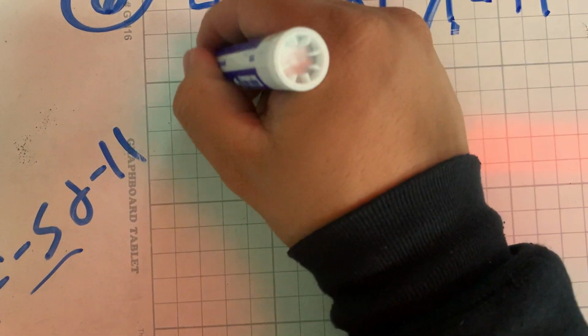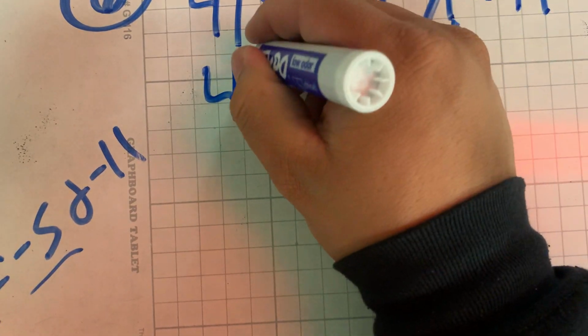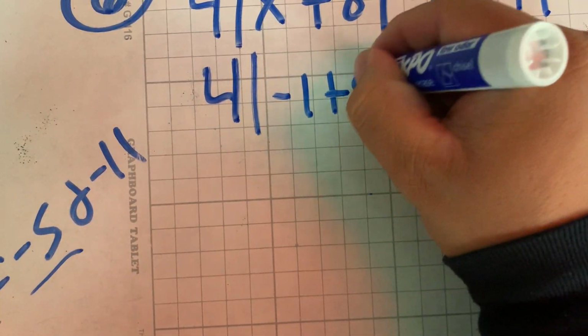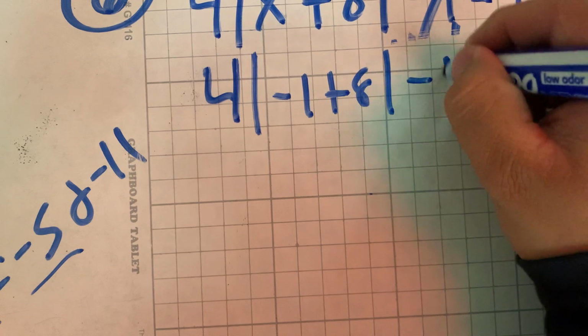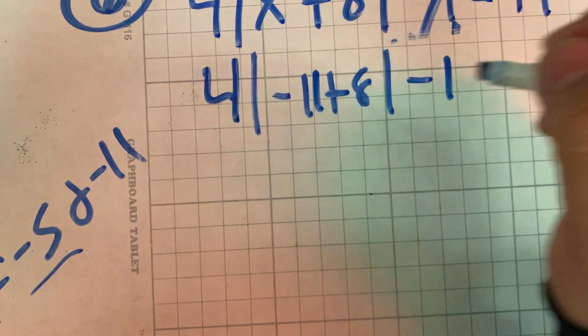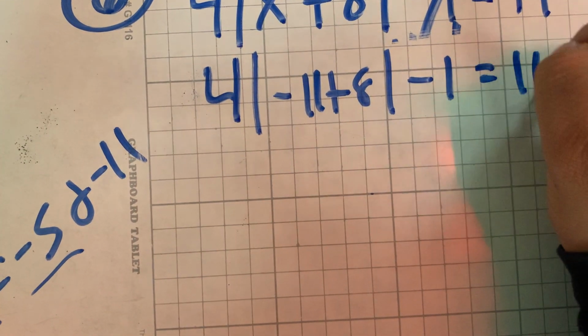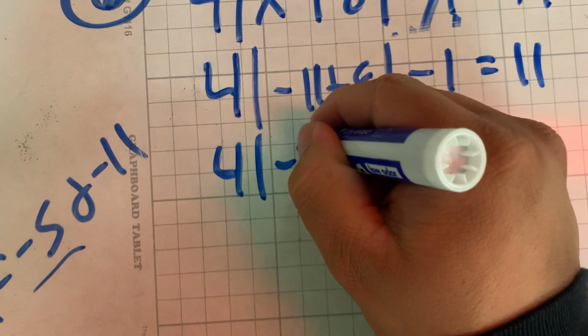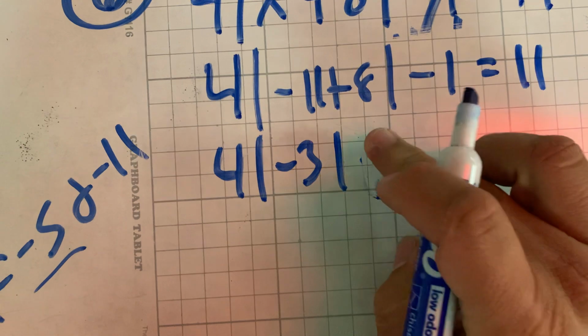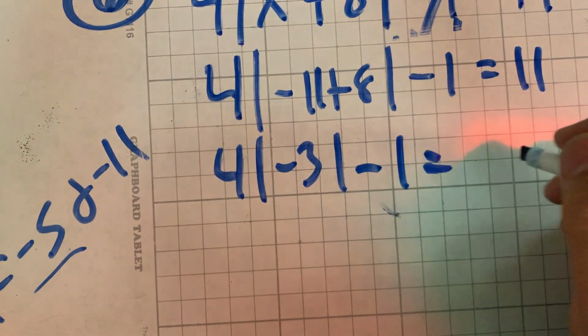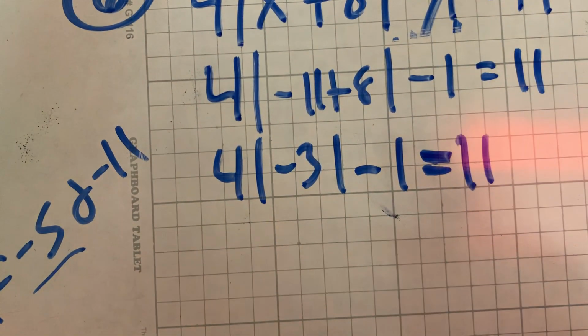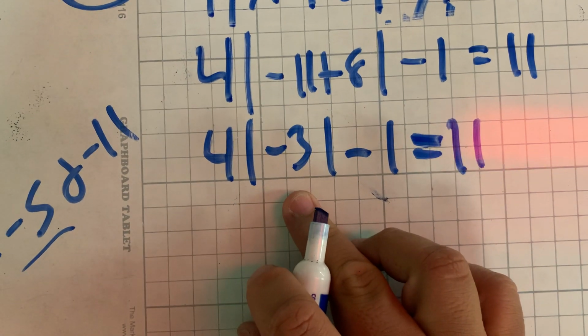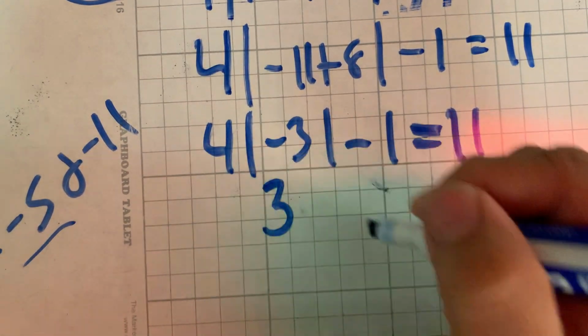Now we're going to try the next one. The next one's negative 11, my bad. Negative 11 plus 8 is a negative 3. The absolute value of negative 3 is, well, a positive 3.